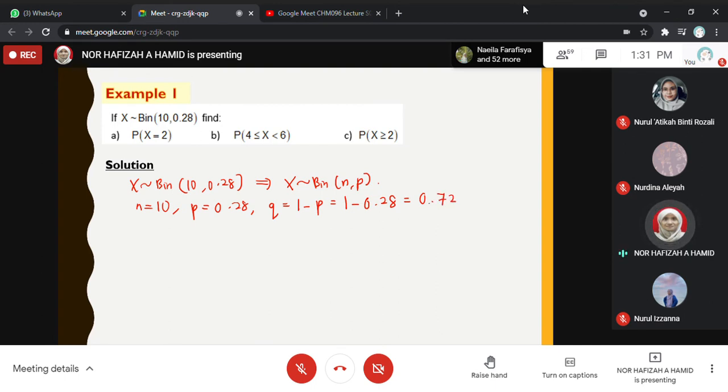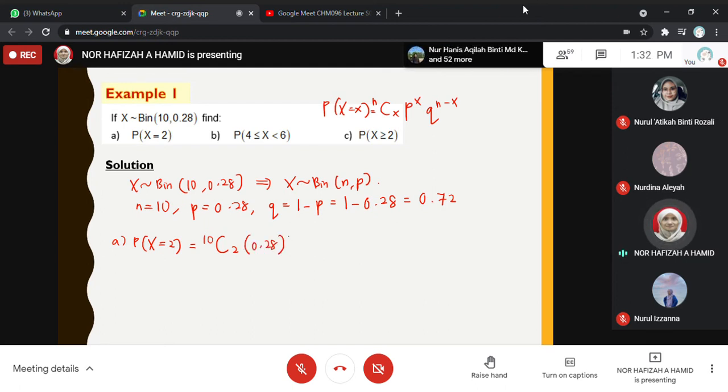So this is for part A. In A we want to calculate the probability X is equal to 2. So you refer back to the formula for the binomial: NCX times P to the power X times Q to the power N minus X. So X equal to 2 is 10 C 2, and P is 0.28 to the power of X, where X is 2, and Q is 0.72 to the power N minus X. N earlier is 10 minus 2, so you have 8.